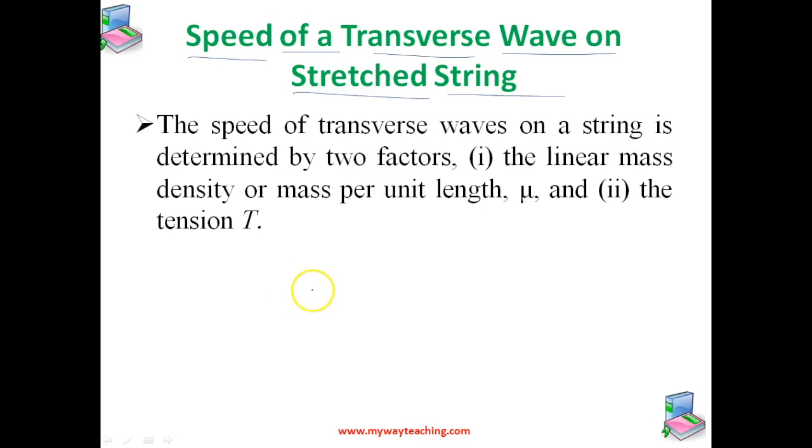When you are considering a stretched string, the speed of the transverse wave is determined by two factors. The first factor is the linear mass density or mass per unit length, mu, and the second one is the tension T in the string. It depends on the mass density as well as the tension.